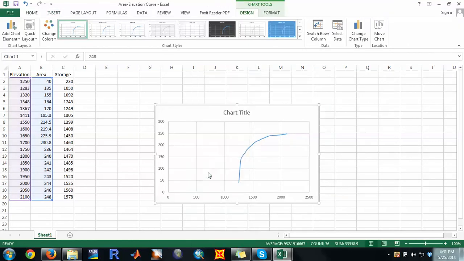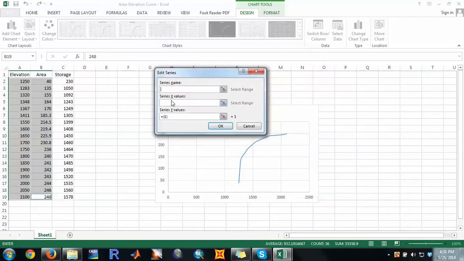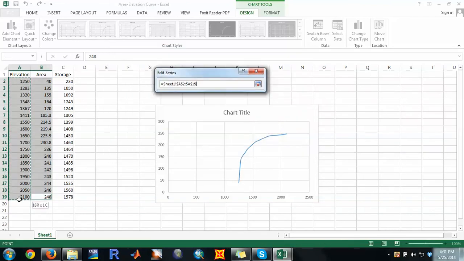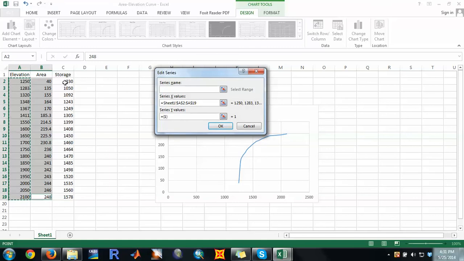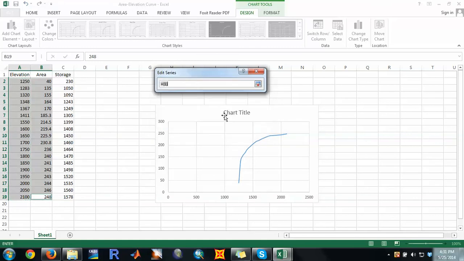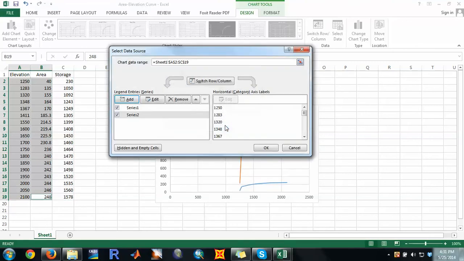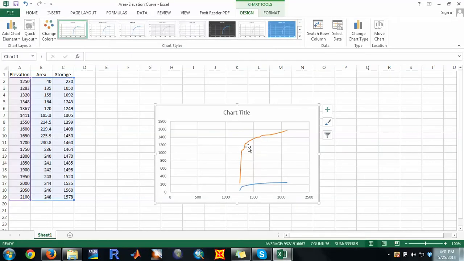Again, add it with x as the elevation, because the elevation is a common value for both storage and area. Then as the y value you have to input the storage, and then you can see both data here. So you have to change one y-axis in order to have a nice shape of the elevation, and the storage area curve.